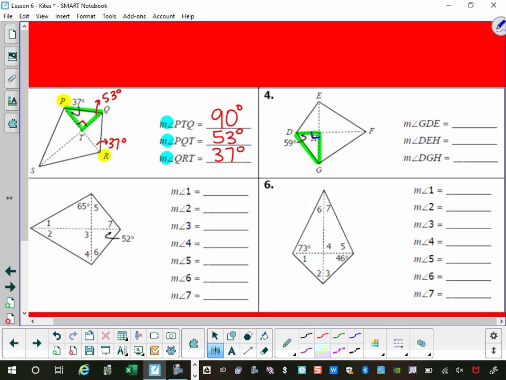So what's the measure of G? 31 degrees. Good. So if that's the case, on the other side of the kite, this will be 59 degrees, and this angle will be 31 degrees. Same thing. So what is the measure of GDE?